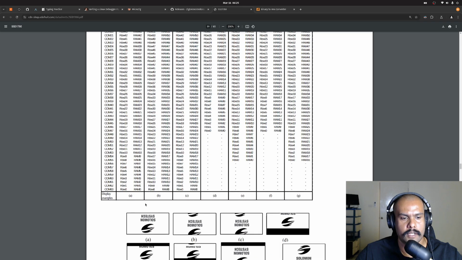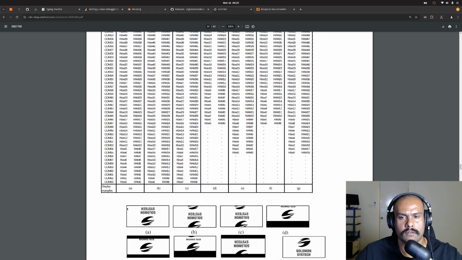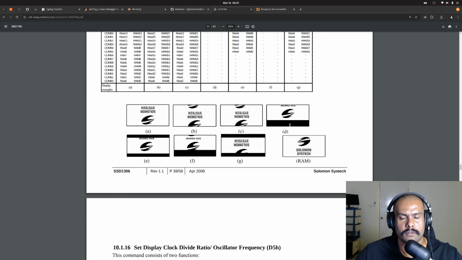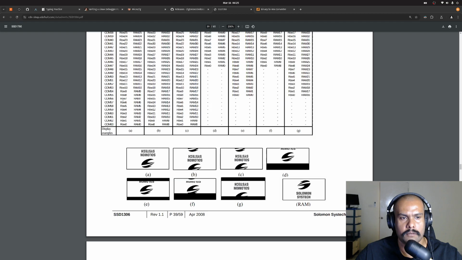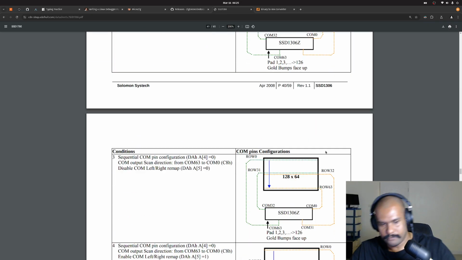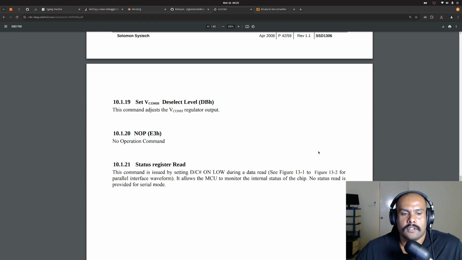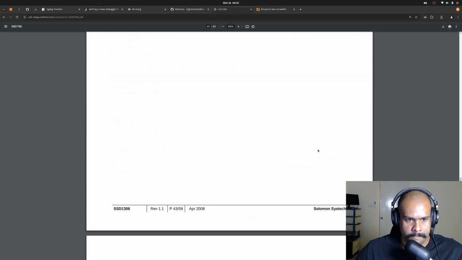Oh, okay. Line with remap. Okay, gotcha. So this is the data in the RAM, and based on the offset, this is what it looked like. Okay. Not completely lost, at least. That's what I think.